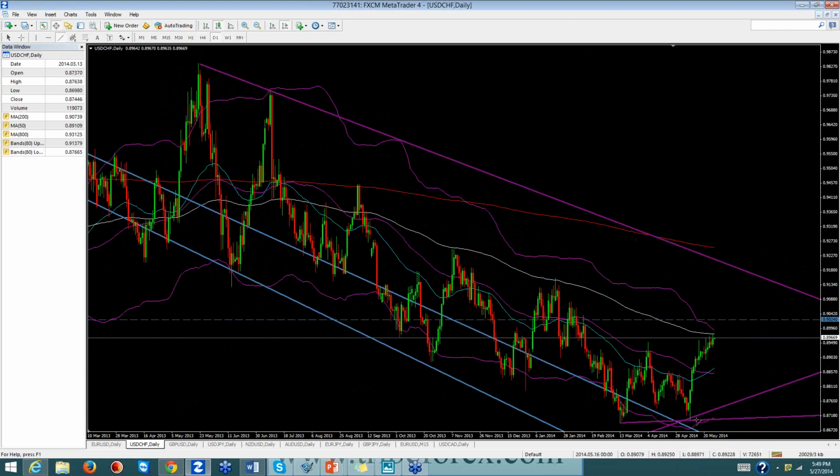And I'll take more time with other currency pairs later on. So you can see we had a double bottom here on the dollar Swiss, very clear double bottom, and we could see a continuation price movement to the upside here on the dollar Swiss as we break through the 200 EMA.